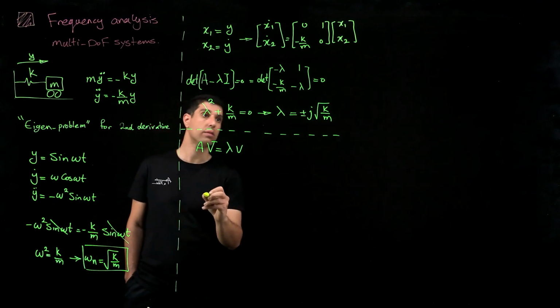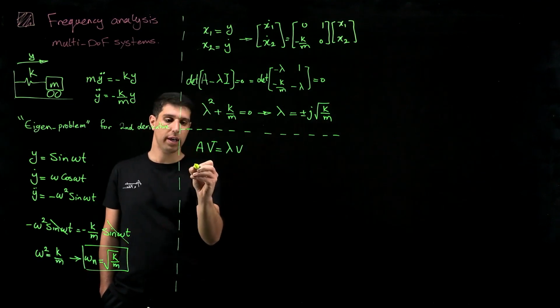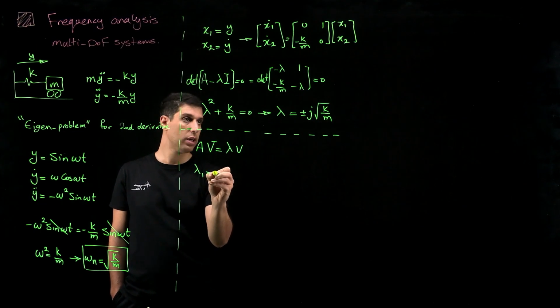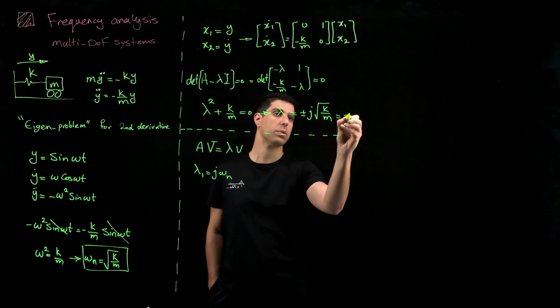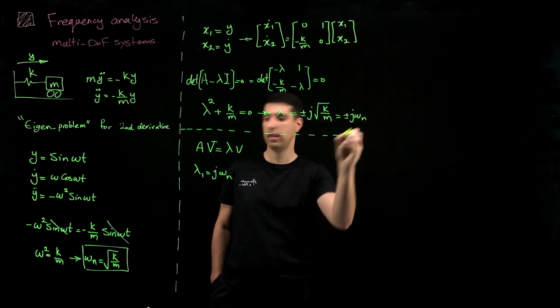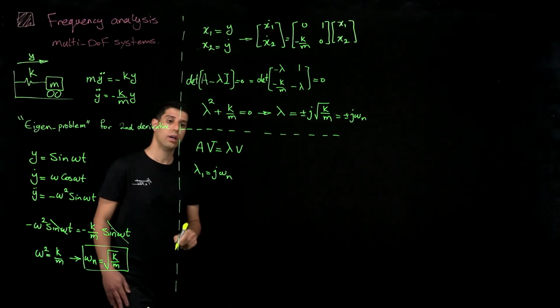Let's write it down. So for my lambda 1 to be j omega n, I'm just going to write it as plus minus j omega n, same definition as down here.